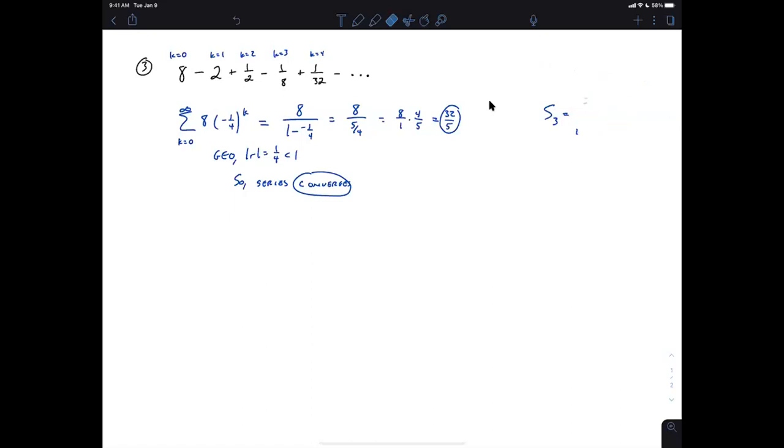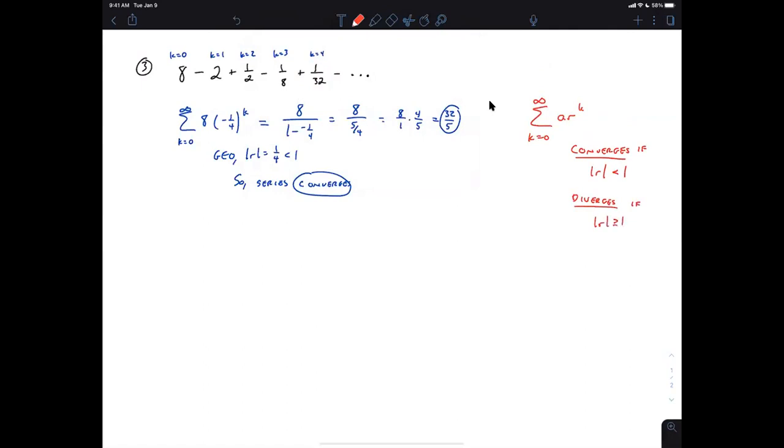All right. So yesterday's result was this. It said that the sum k equals 0 to infinity of ar to the k converges if the absolute value of r is less than 1, and it diverges if the absolute value of r is greater than or equal to 1.